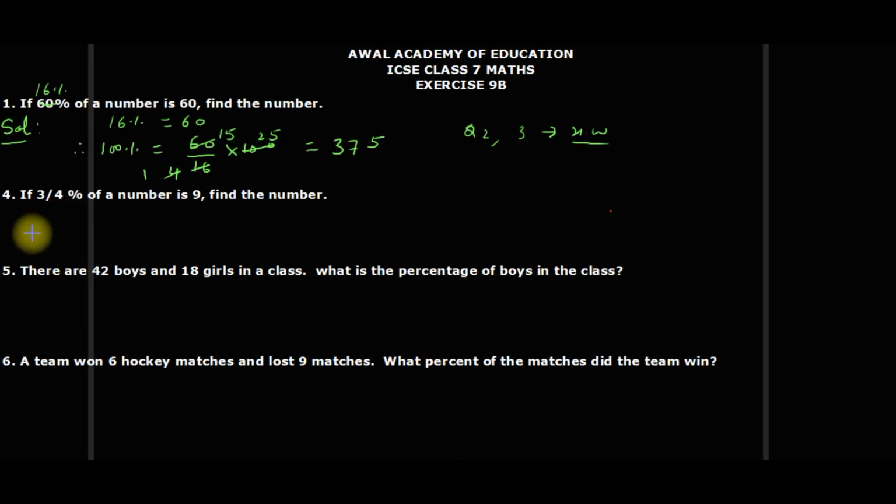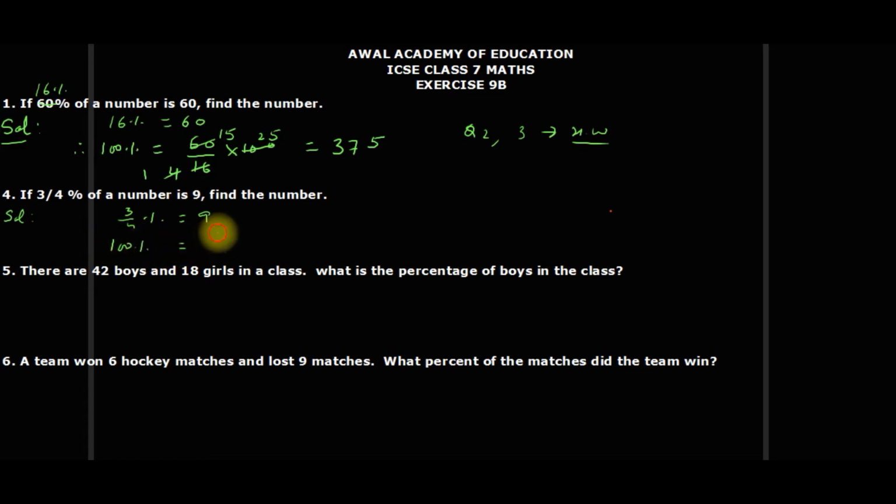Now question number 4. In the same way, 3 by 4% of a number is 9. Find the number. So we will write it as 3 by 4% is equal to 9. We have to find 100%.